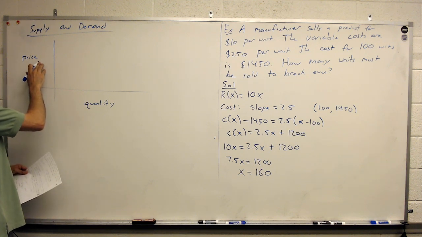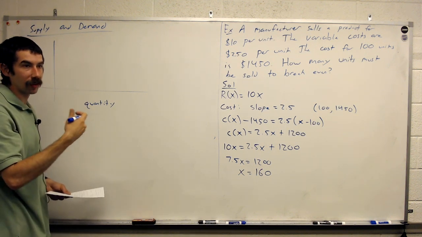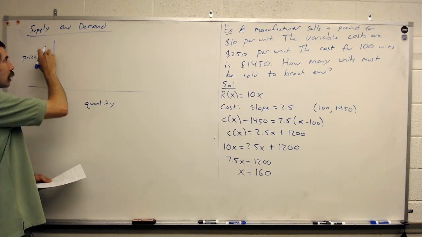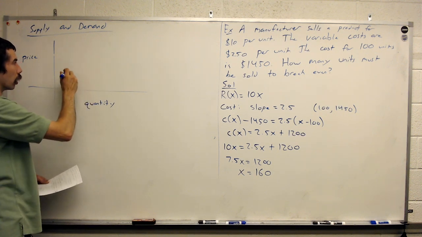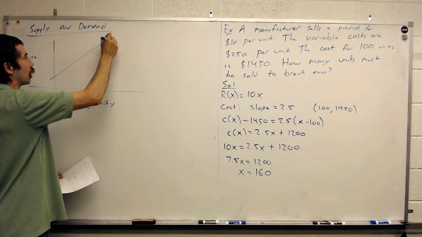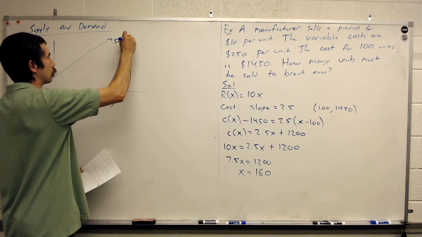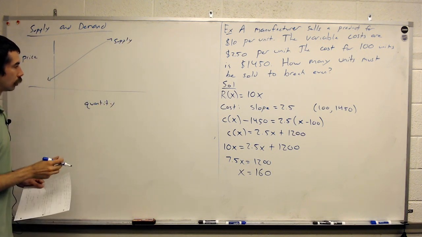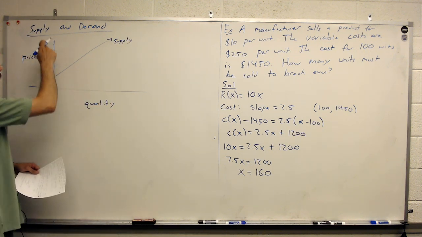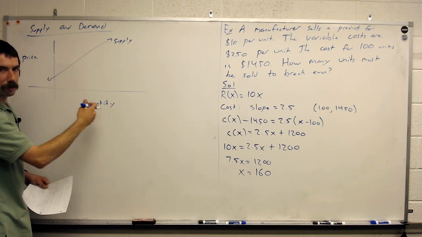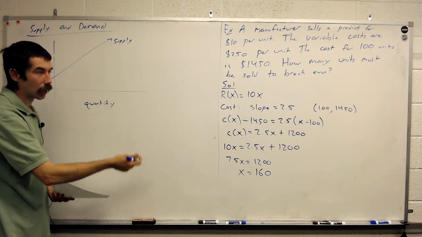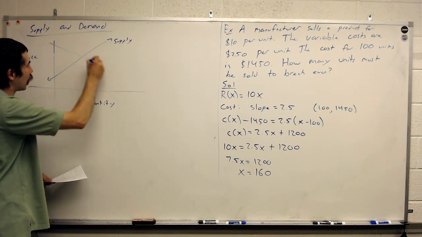Suppose we're selling something. As the price goes up, we're going to want to make more. So this is going to be our supply curve. It's going to have an increasing slope. Similarly, as the price goes down, the demand for the object is going to go up. So we're going to have a demand curve that has a negative slope.